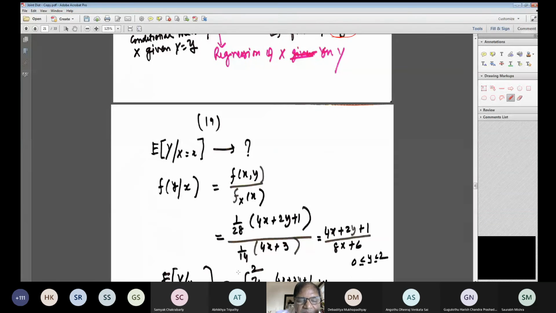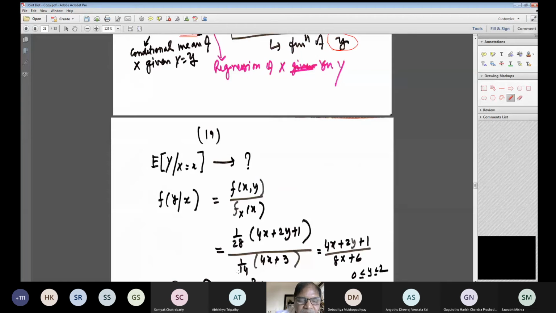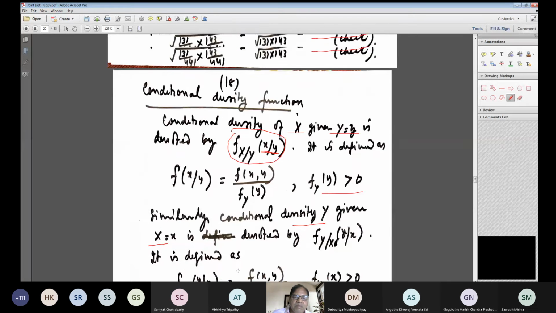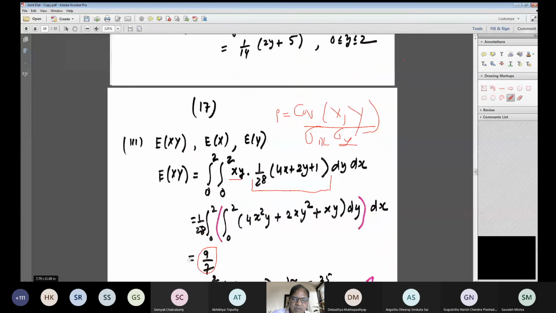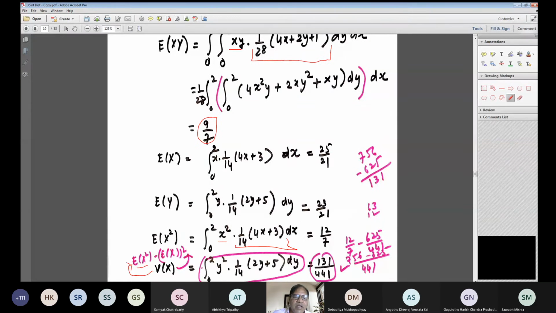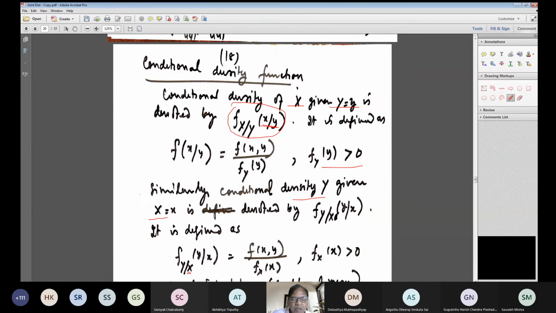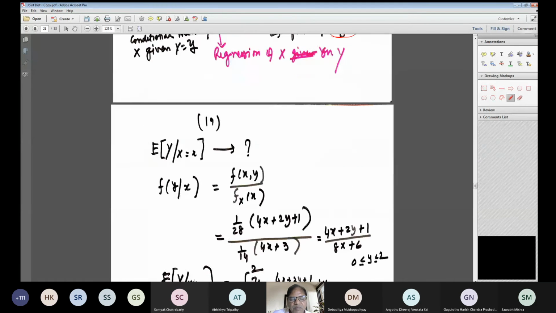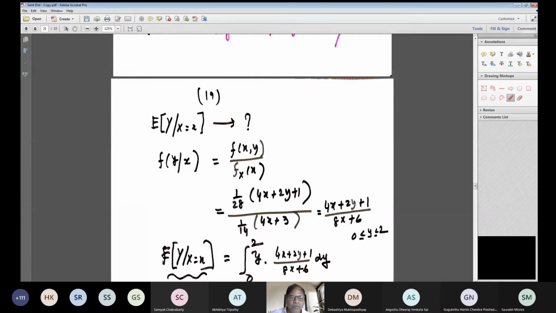So let us take the previous example, where the density function is given. If I need to find the conditional expectation, we need to find this quantity, E of y given x.